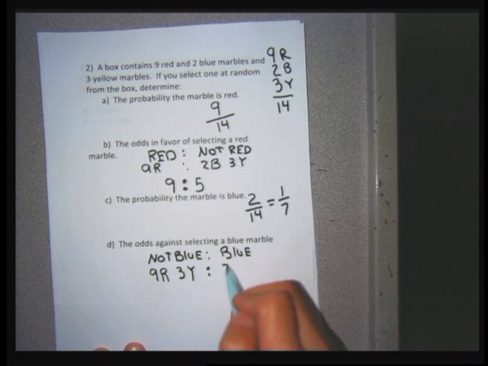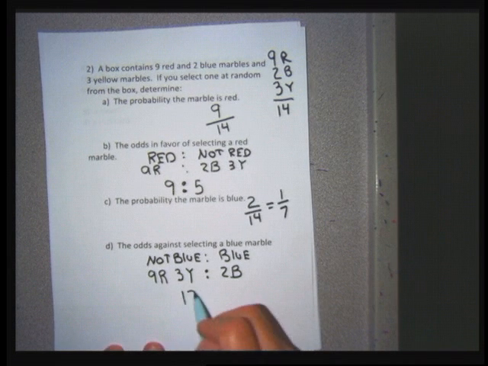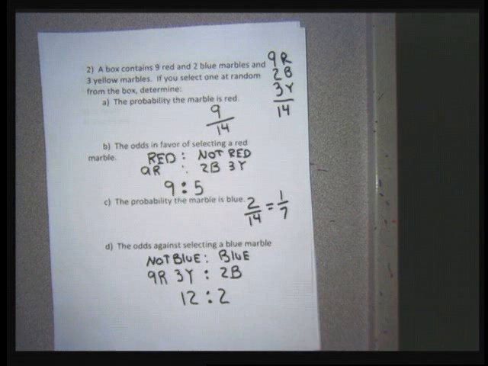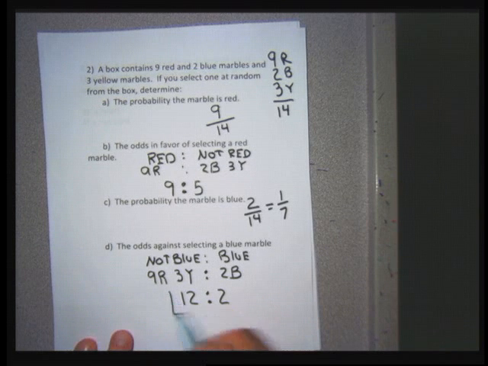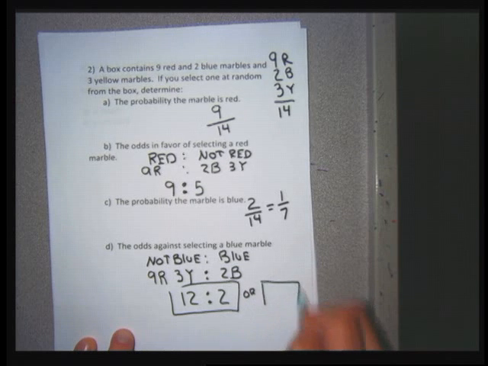And for the blue marbles, there's 2 blue. So my non-reduced odds answer for part D, there would be 12 marbles that are not blue, the 9 red and the 3 yellow, and 2 marbles that are blue, the 2 blue ones. So this would be probably the answer I would leave, but you can definitely reduce that to 6:1.